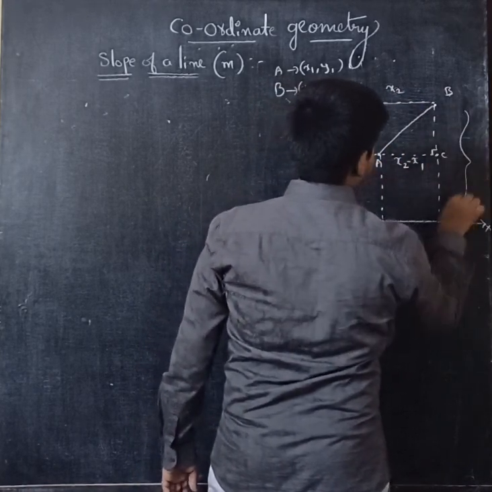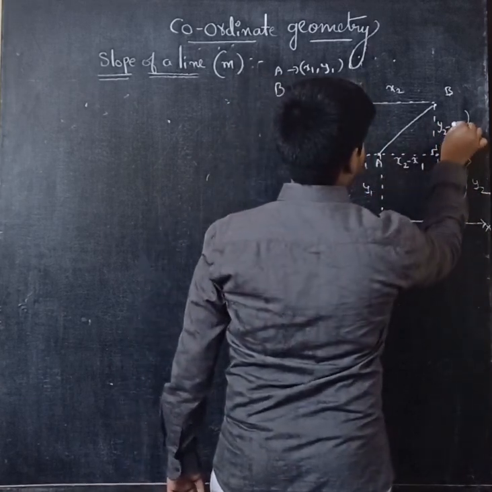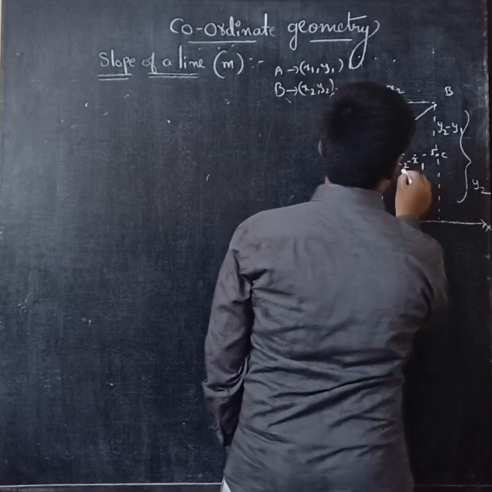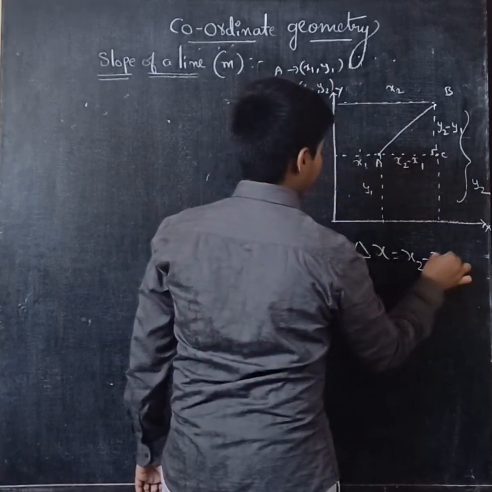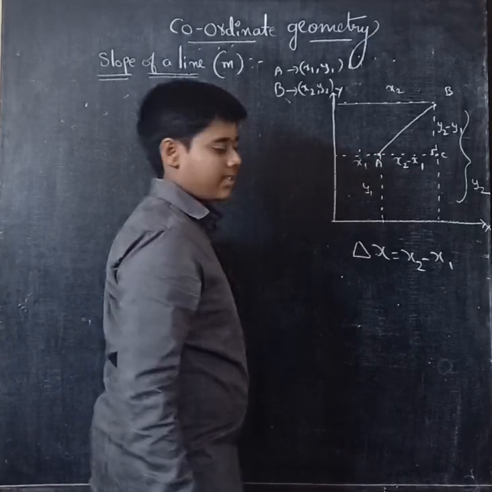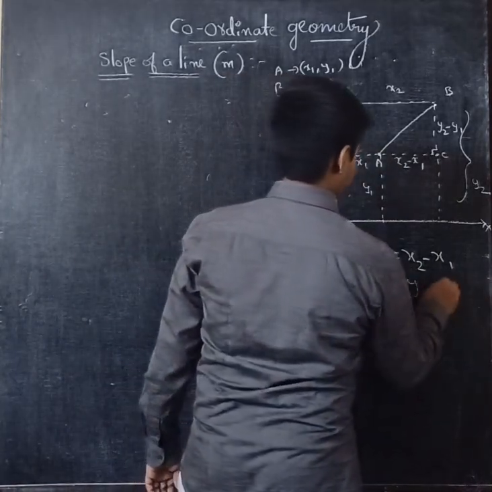The full length is y2 and this is y1, and this length is y2 minus y1. Delta x is equal to x2 minus x1, the change in x-axis value, and change in y-axis value, y2 minus y1.